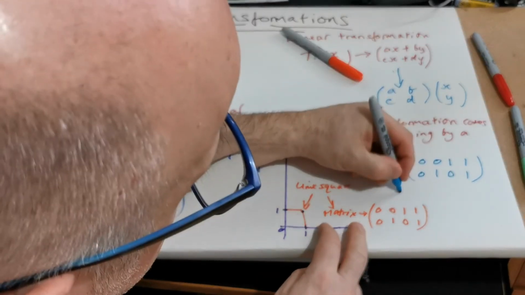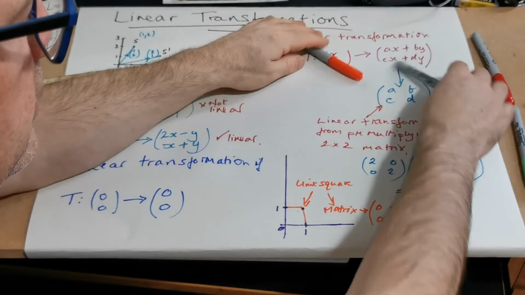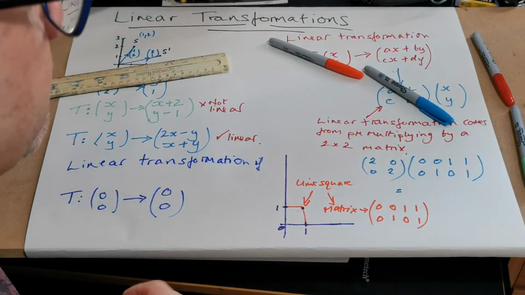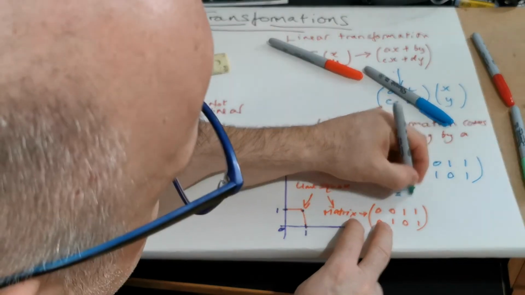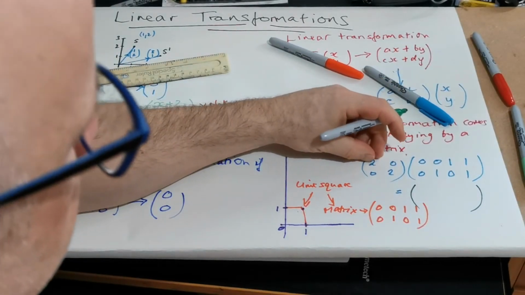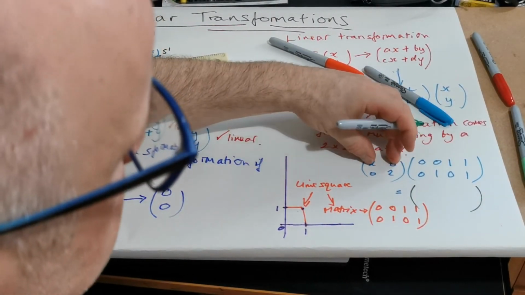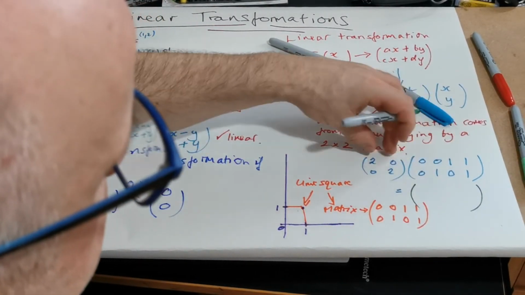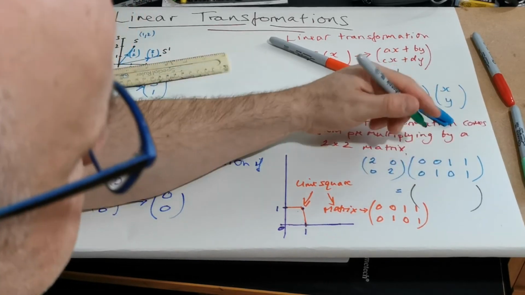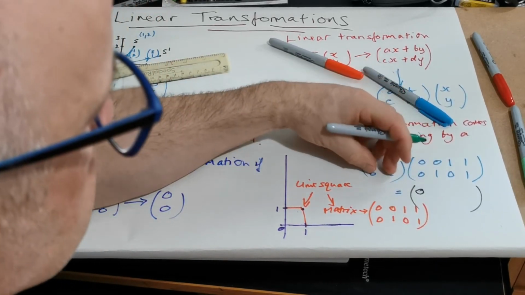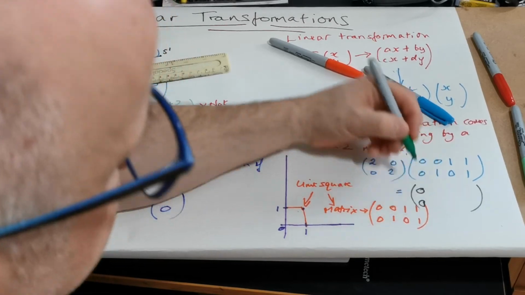So looking at what we know from multiplying matrices, we've got 2 times, so these 2 times those 2, so 2, 0 times 0, 0 is 0, and 0, 2 times 0, 0 is 0.